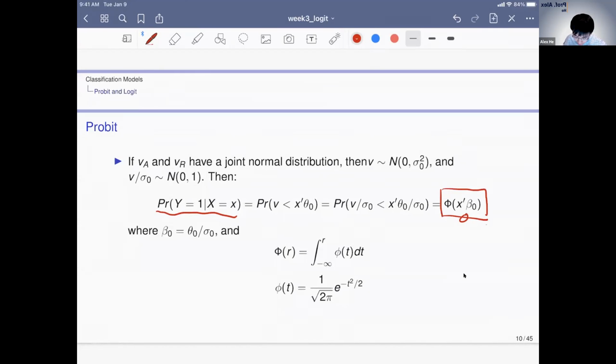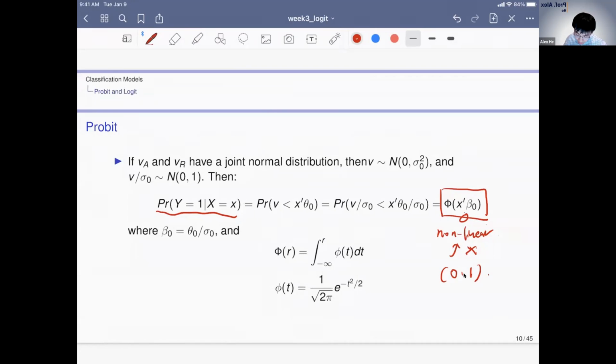Okay. And again, you will notice that this is another nonlinear function of x, and it's increasing in x, right? Because when x is bigger, the CDF at beta x is bigger. And it takes values between 0 and 1, because it's a CDF.